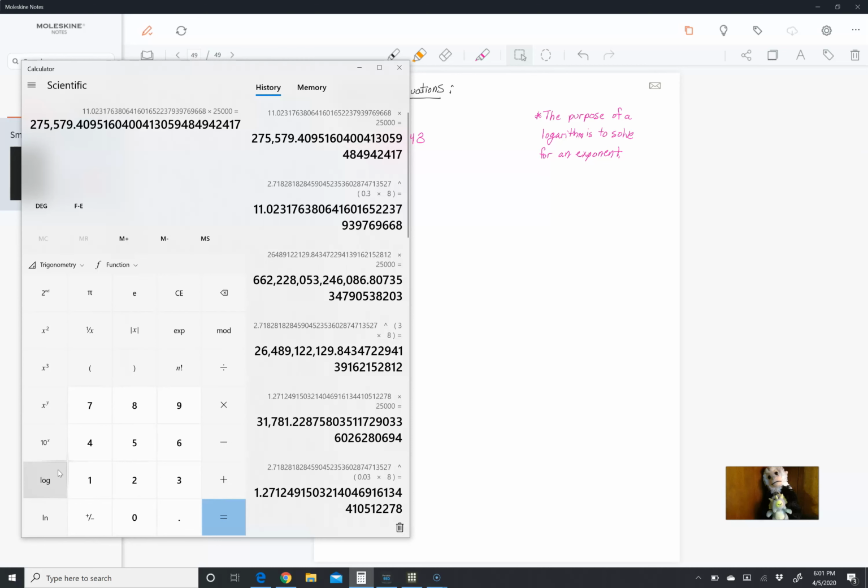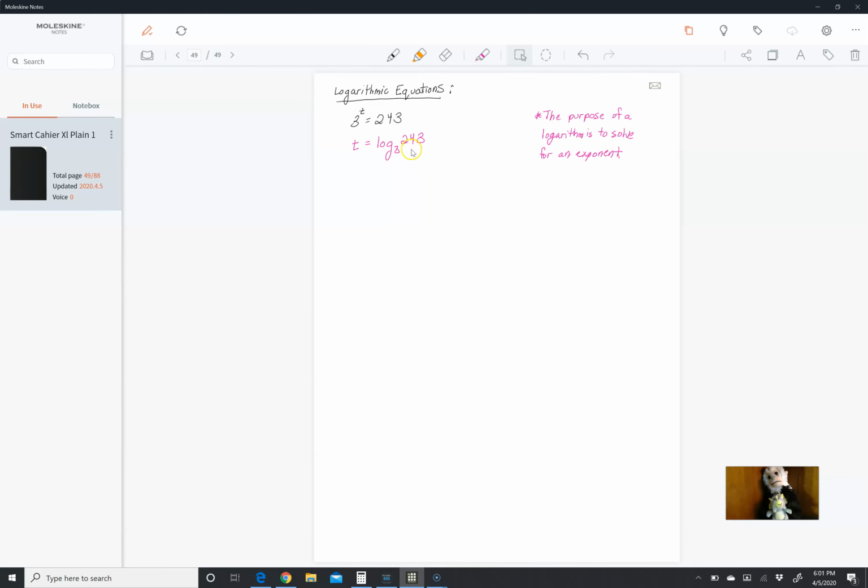It turns out that most calculators will not allow you to solve a logarithmic equation with anything other than base 10, because this is a log without a base, or base e. Okay, it has a ln here, so we can use base e. But here, this is base 3, so we can't plug this in the way that it is, which means we can't solve it this way.